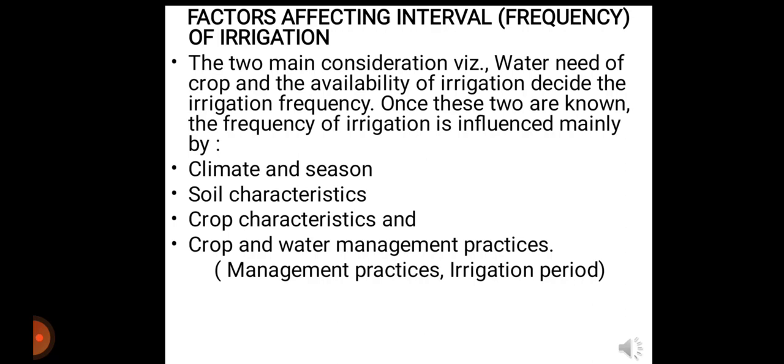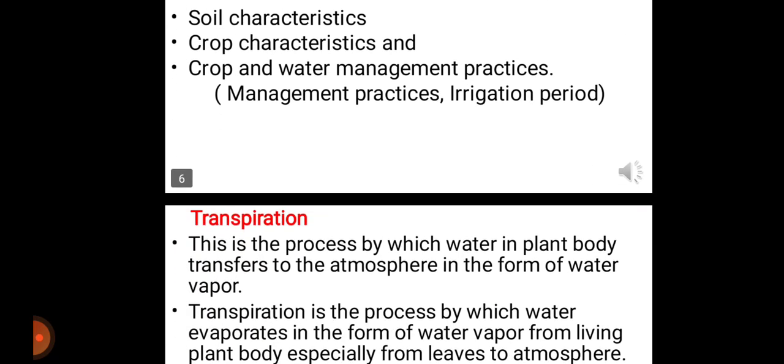Once these two are known, the frequency of irrigation is influenced mainly by climate and season. Second, soil characteristics. Third, crop characteristics, and crop and water management practices and irrigation period.